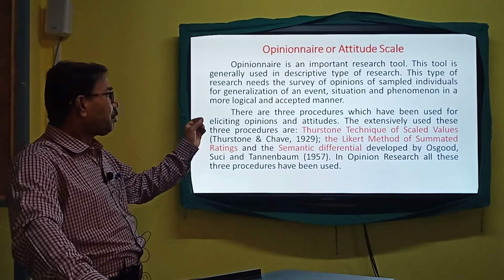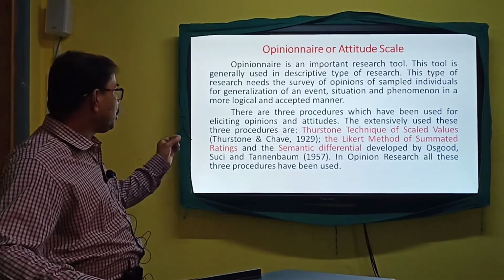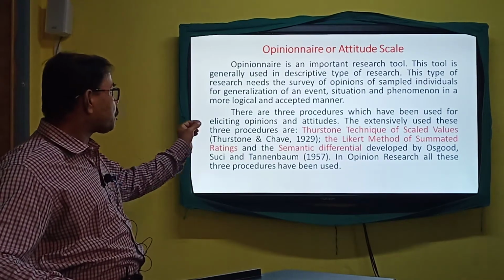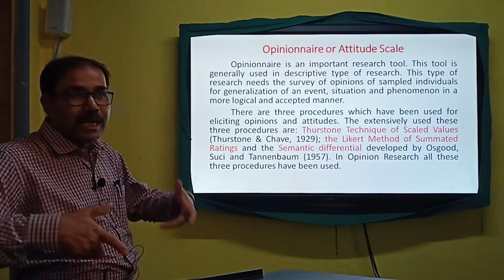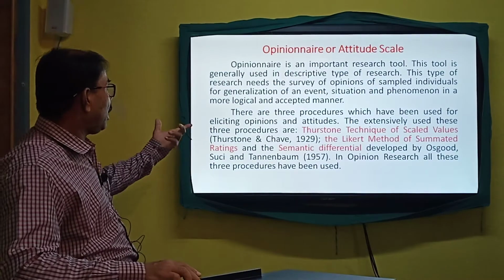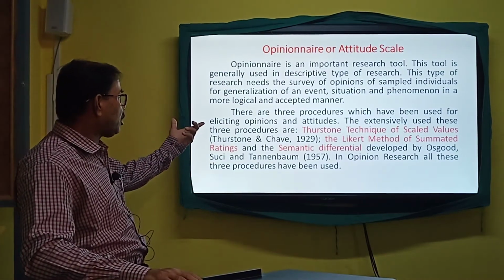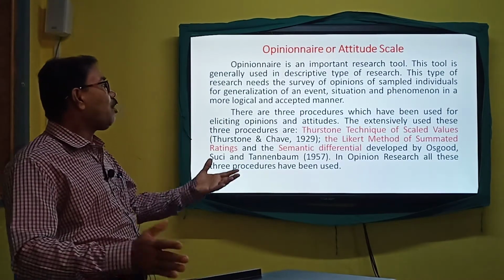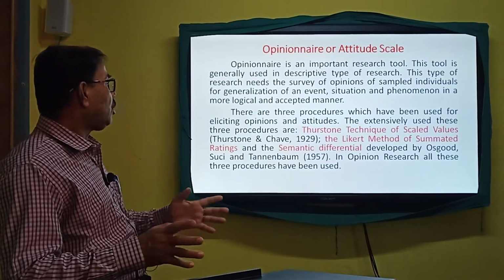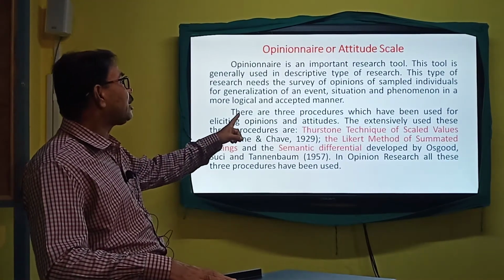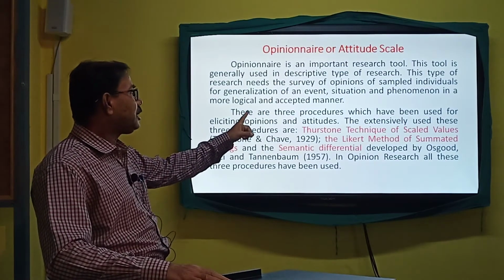There are three procedures which have been used for eliciting responses, opinions and attitudes. How can we take out opinions in the form of responses, and how can we come to know the inner feelings or inner ideas which are expressed in the form of attitudes?